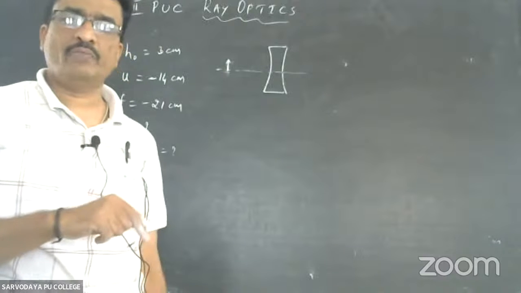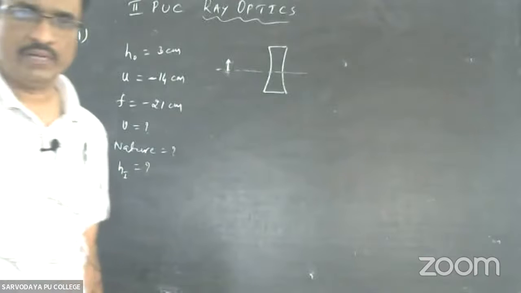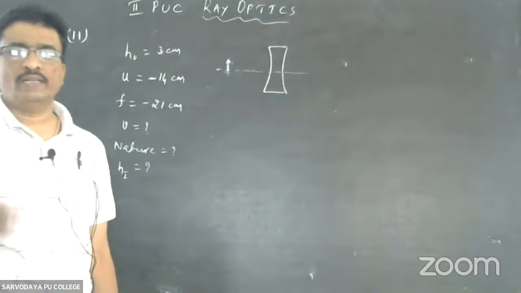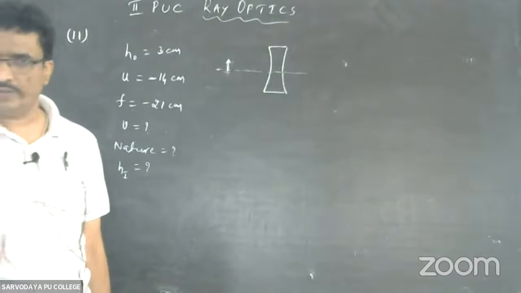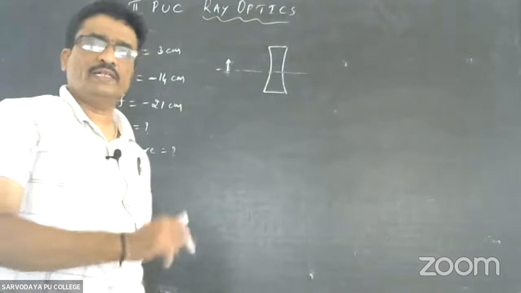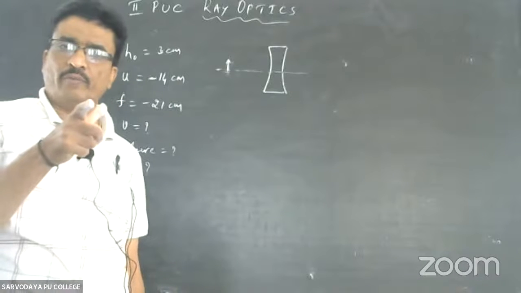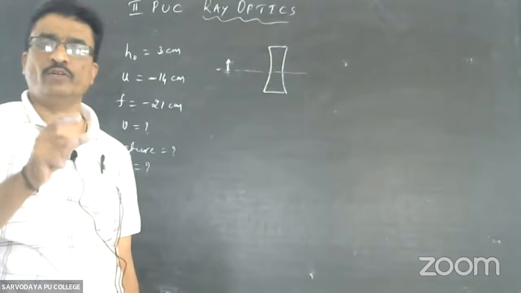If the object is placed exactly at 2f, you will be getting the image size same as the size of the object and the distance will be same. When u is 2f, v will be equal to 2f. And once the object is placed beyond 2f, the image will be formed between f and 2f. Okay, these points you should be knowing.